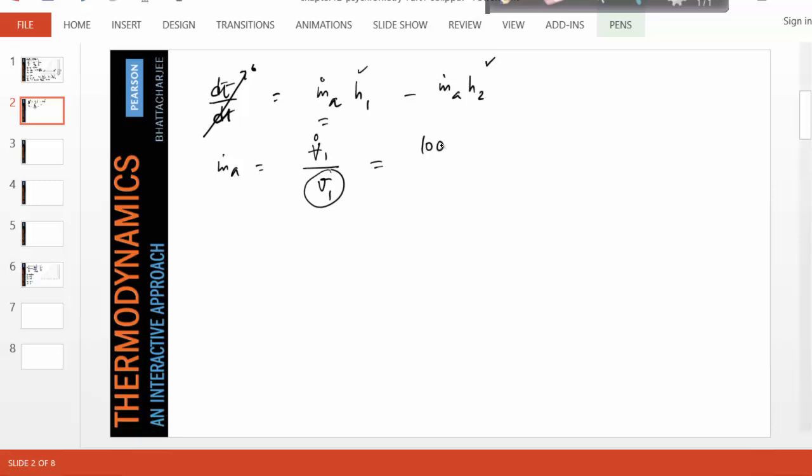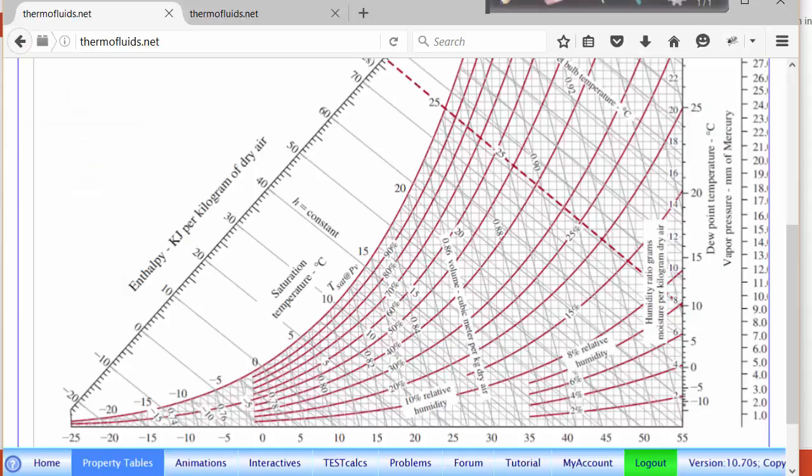V1 dot is already known, 100 meter cube, which is 100 divided by 60, divided by, let's go back to here, and state 1, remember 10 degree and 90% relative humidity. This was our state here. And the specific volume, if you look at, specific volume 0.82, 0.80, this is about 0.81.